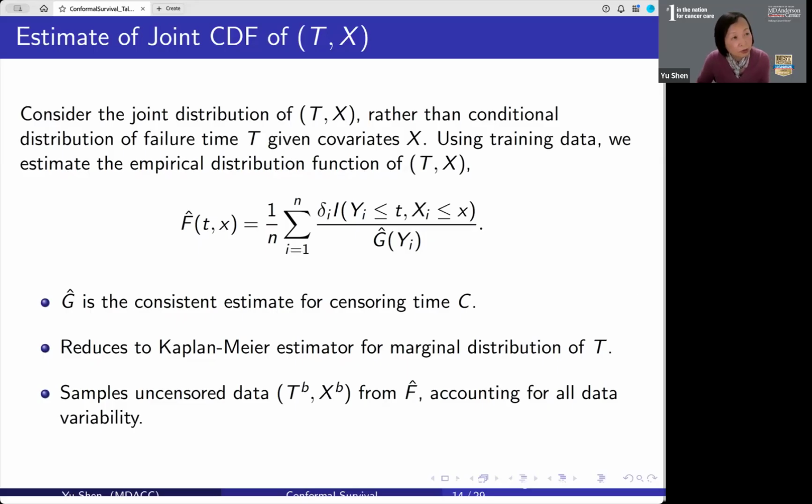Let's see how to put it. For the empirical non-parametric distribution, maybe we have learned it from multivariate models, but the new part is really our constructed function, the inverse weight to handle right censoring.